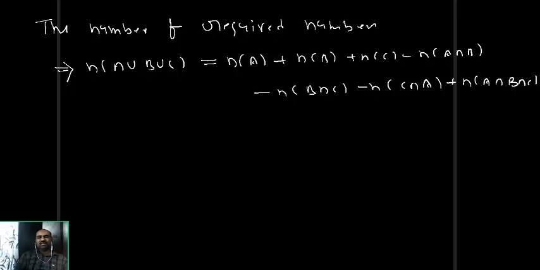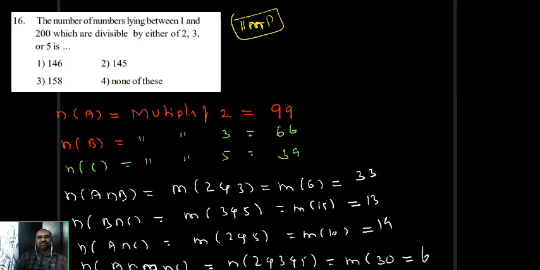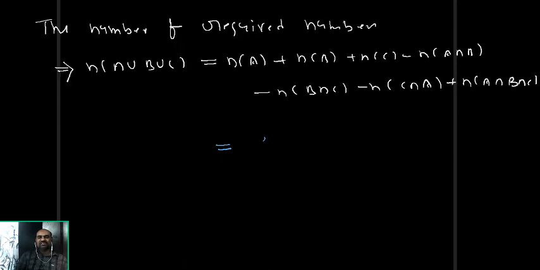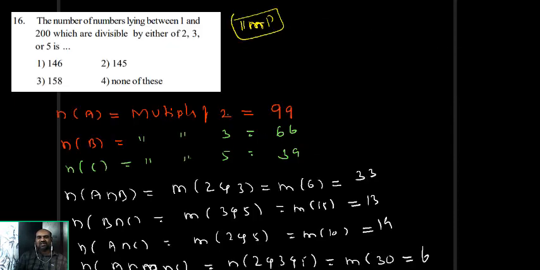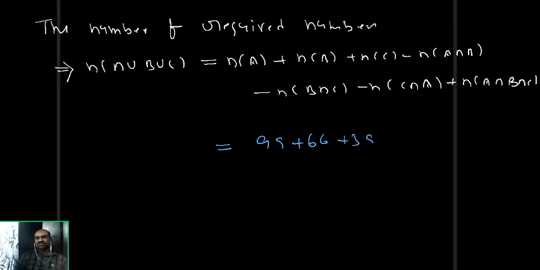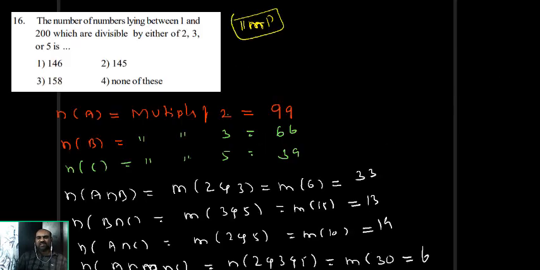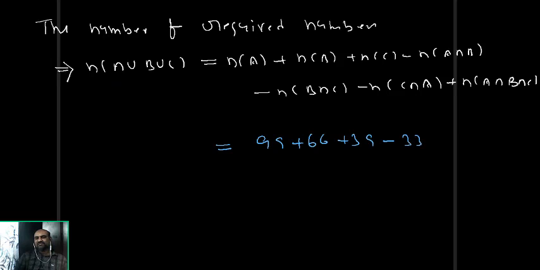What is that? I will write it here. First 99, 66, 39, minus 33, 13, 19, sorry, minus 19, plus 6.